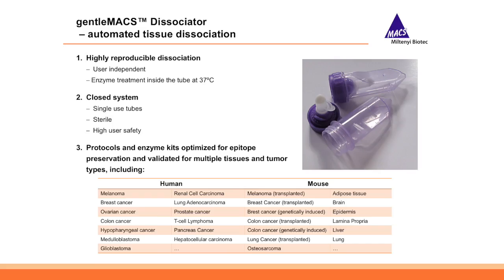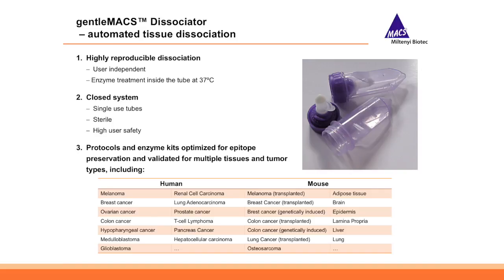By the use of single tubes, we can maintain sterility and high user safety. We generated several protocols and enzyme kits that were optimized for each tissue for epitope preservation, and they were validated in multiple tissues.